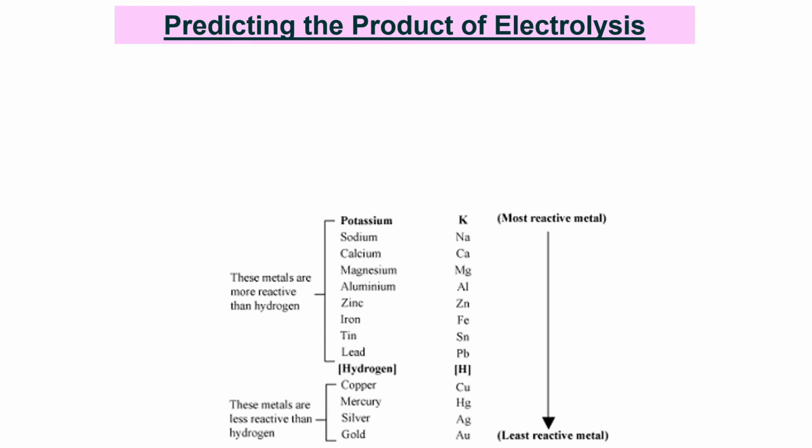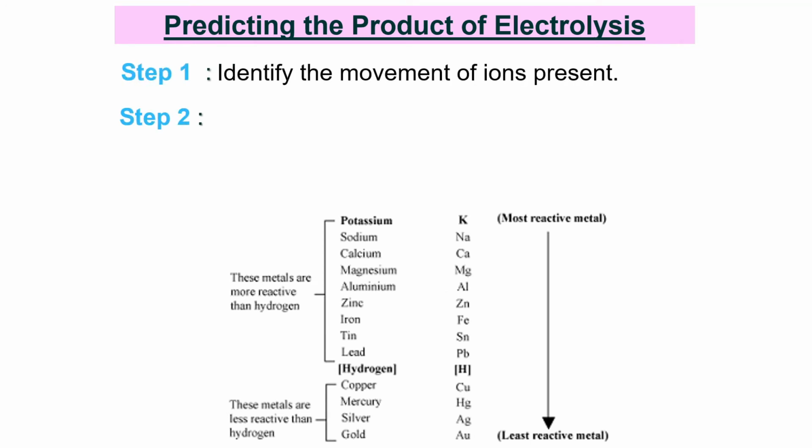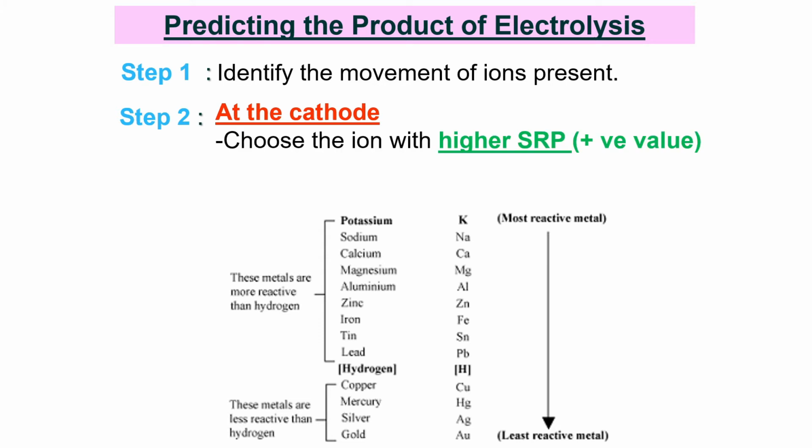Okay, to predict the product of electrolysis, kita ada 3 steps. So, first step, identify the ion present, meaning apa anion and cation yang exist in the electrolyte. So, for cathode, meaning cation, choose ion that have the higher SRP value. Okay, higher SRP value meaning yang paling positif.